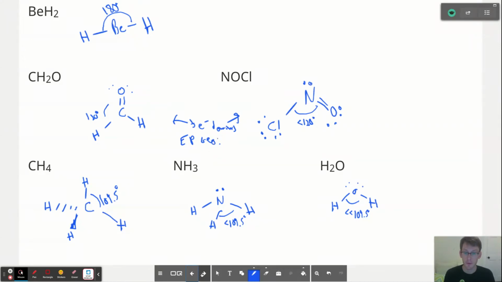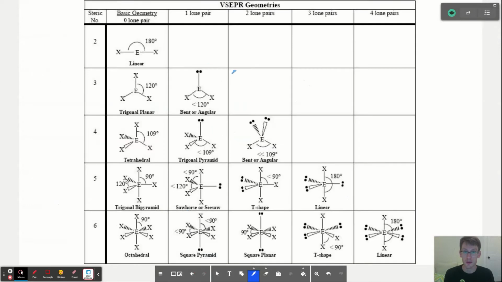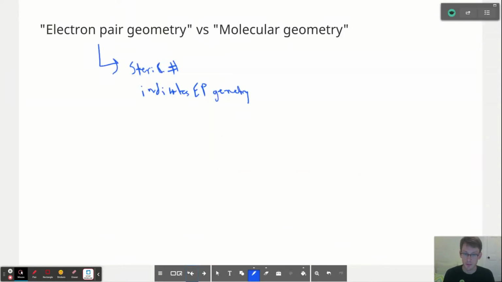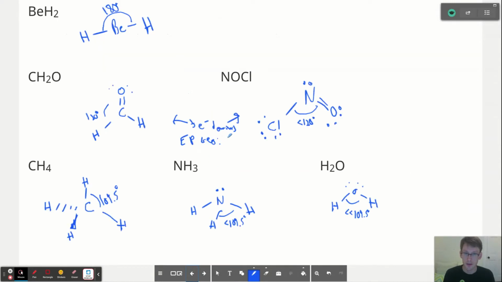And for them, we will look at this chart right here. We will see that the steric number is 3, and it is going to be trigonal planar. So we say the electron pair geometry is trigonal planar.